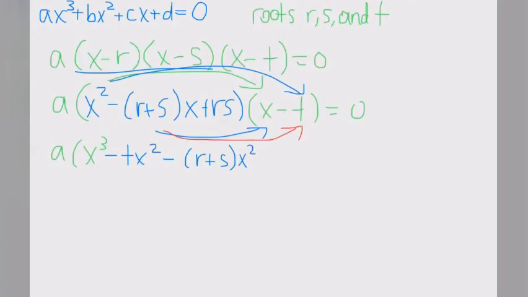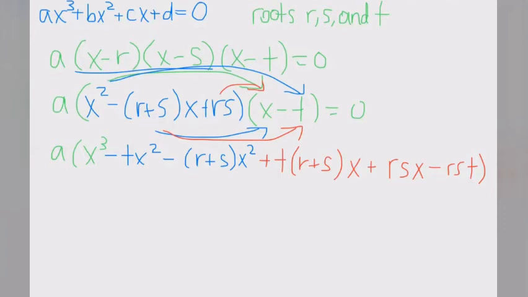This would be plus, because there's two negatives, plus t(r plus s)x. This would be plus rsx, minus rst. And that should equal 0.